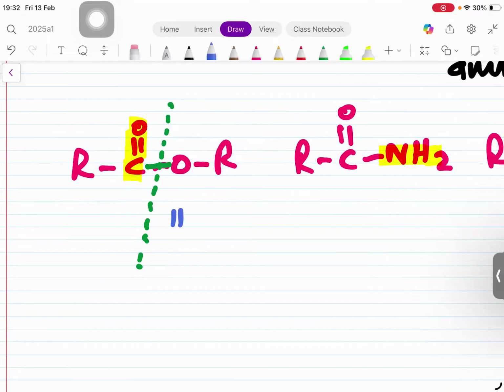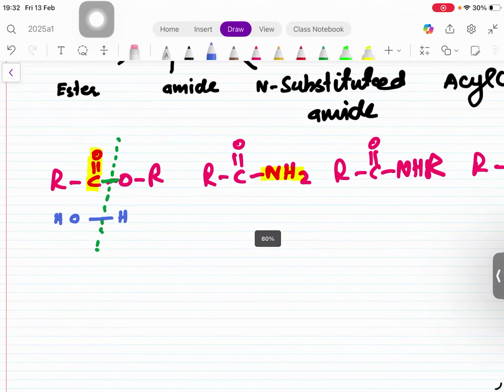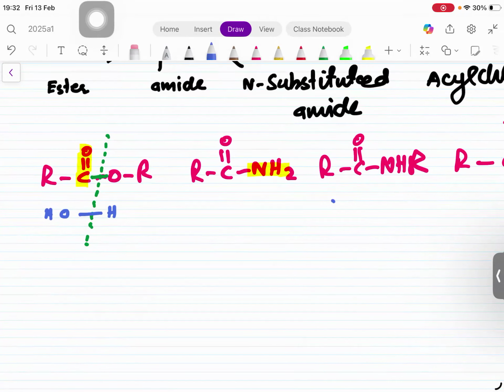And this part gets OH, and this part gets H, because hydrolysis is actually the reaction with water. Similarly, in amides, which bond is going to break if you follow the pattern? The bond of C double bond O with NH2. So this part gets H and this OH.